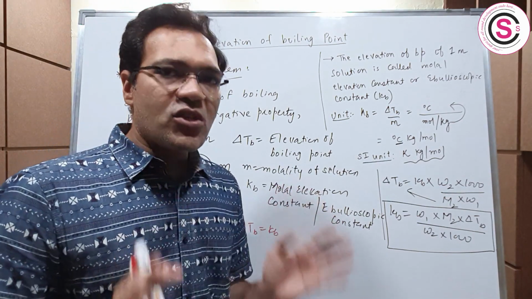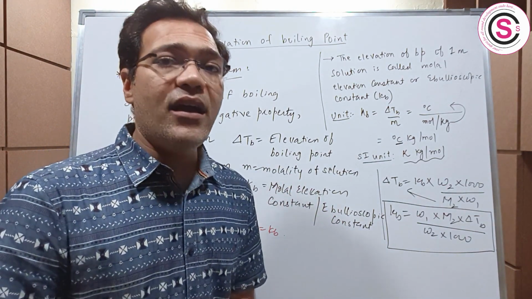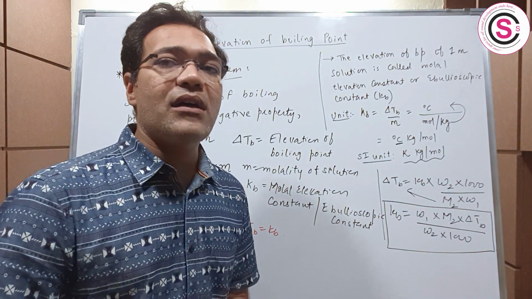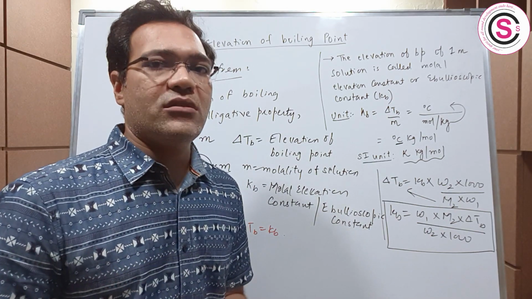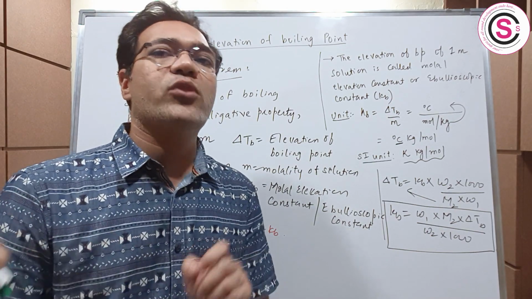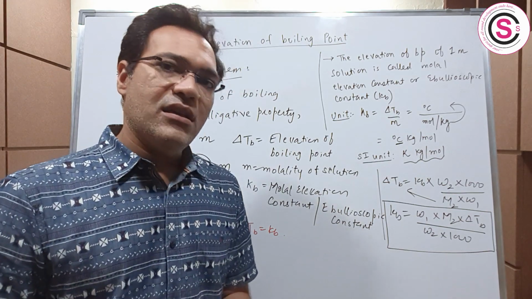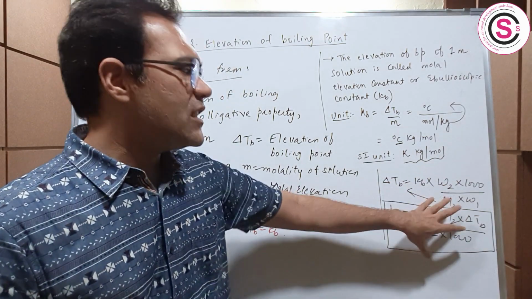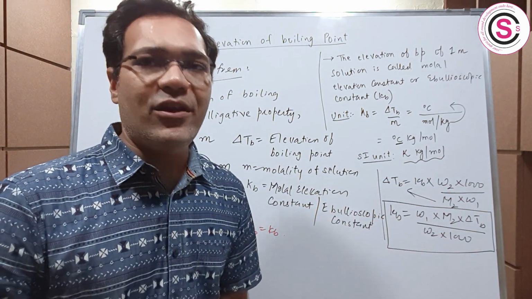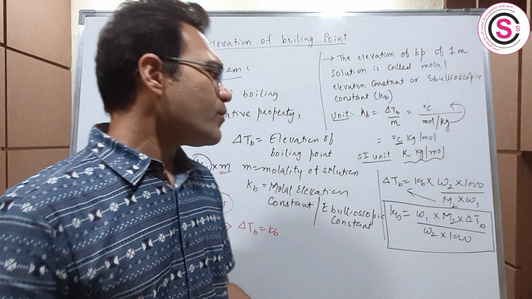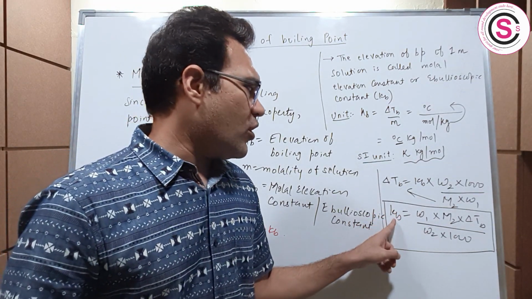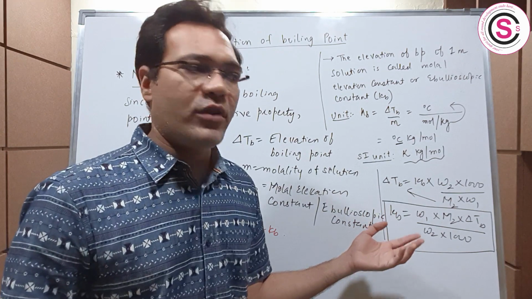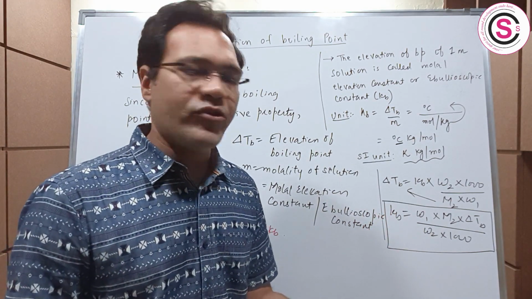The importance of this equation is that we can find out the molecular mass of an unknown solute which is present in my dilute solution. Yes, just like Raoult's law, this equation can only be used for dilute solutions, right? So Kb will depend upon solvent, so I can know it from the reference books, or it might be given to you in the question.